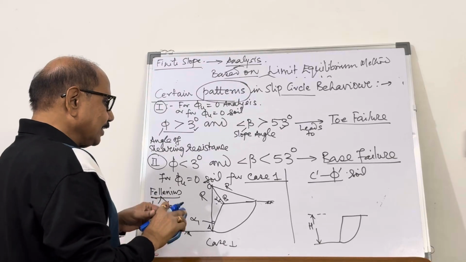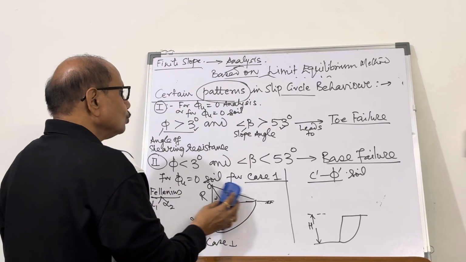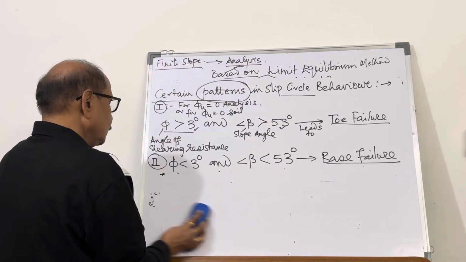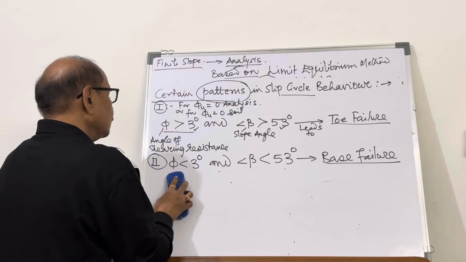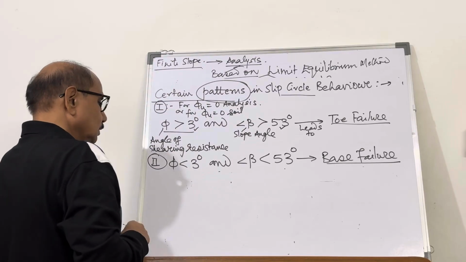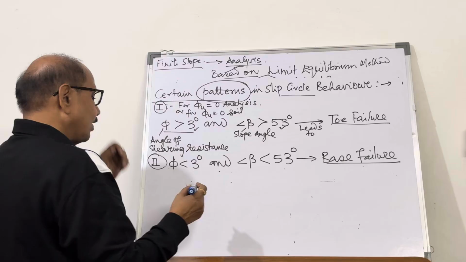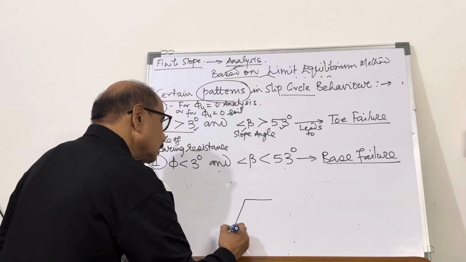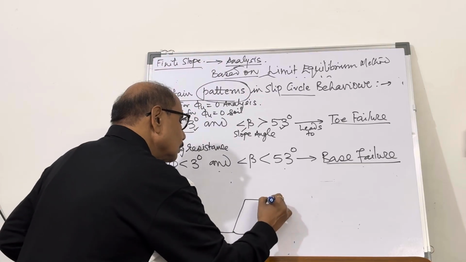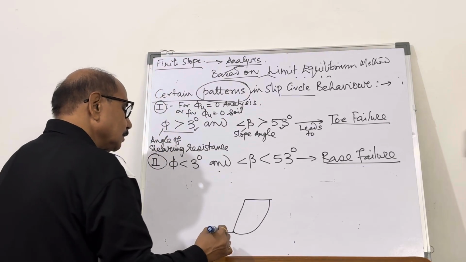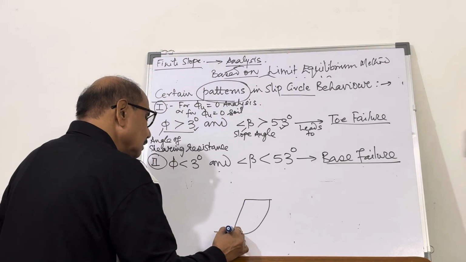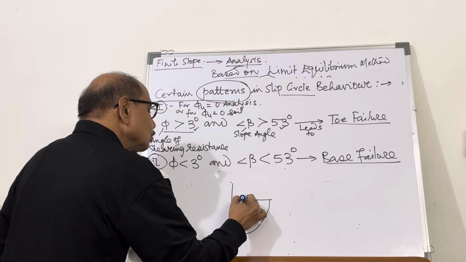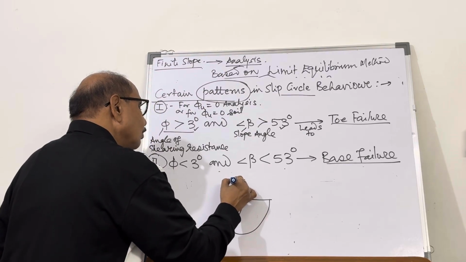So for locating the critical slip circle, what you will have to do will be as follows. If it is C prime phi prime, then friends, this is going to be alpha 1, and here you got it alpha 2.